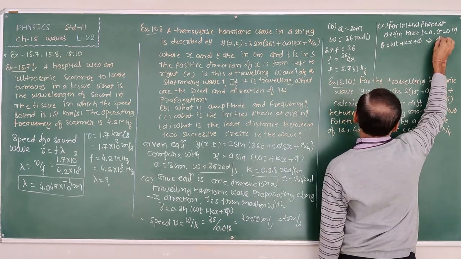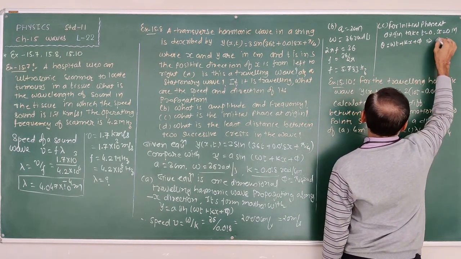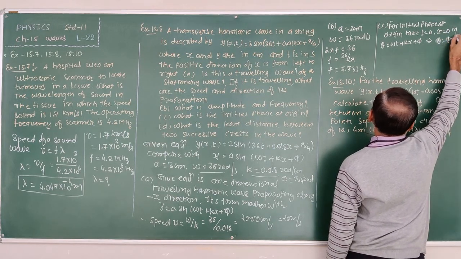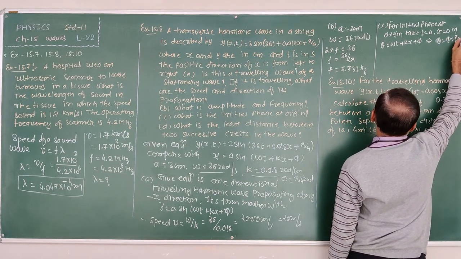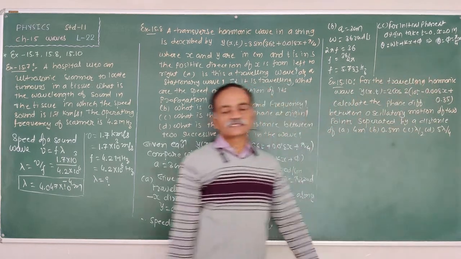Therefore, theta is equal to phi, which is equal to pi by 4 radian. That is the initial phase.